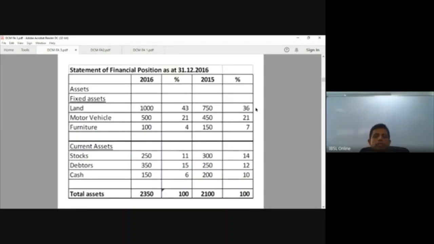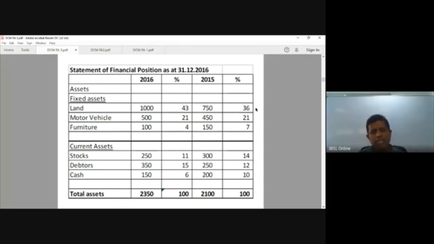If you go through this example, these are the figures of financial position ending 31st December 2016. And the figures of 2015 are also given. In this statement, for 2016, we take total assets. There's a figure of 2,350.